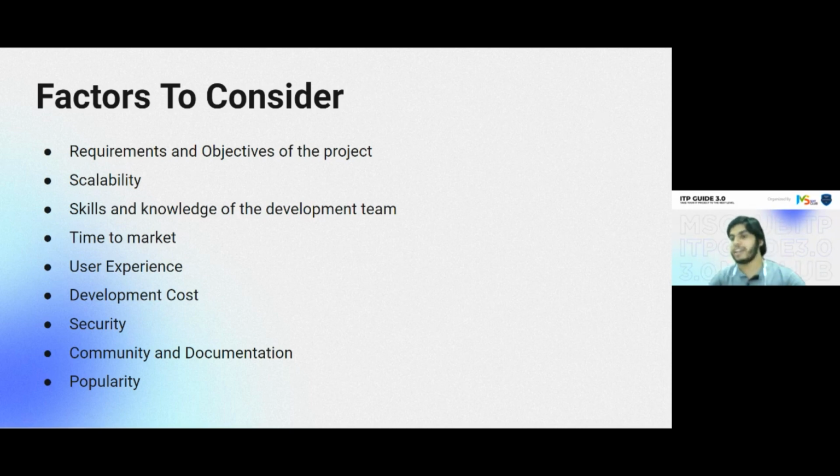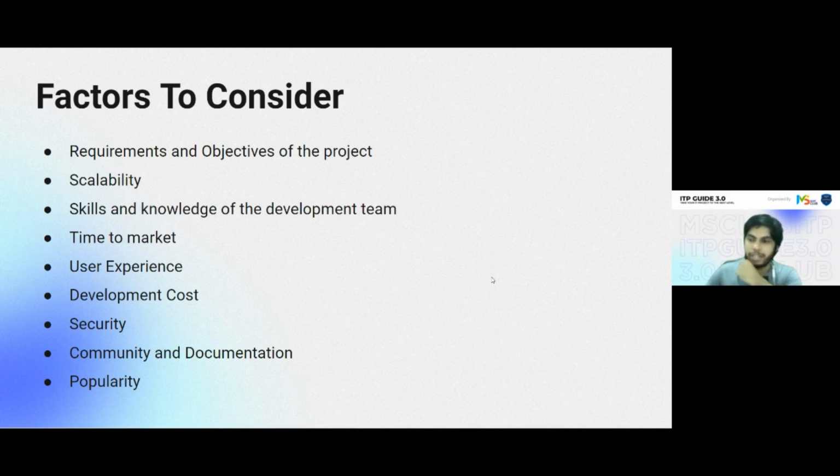You have to choose your web frameworks and technologies based on what you're planning to build, because some frameworks have functionalities which others don't offer, and those functionalities help with the requirements of the project.